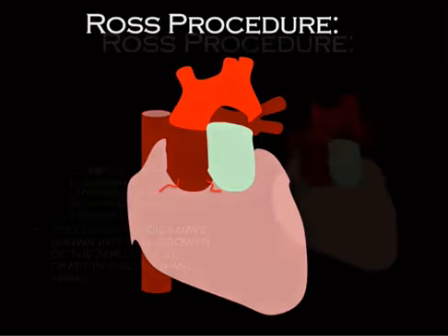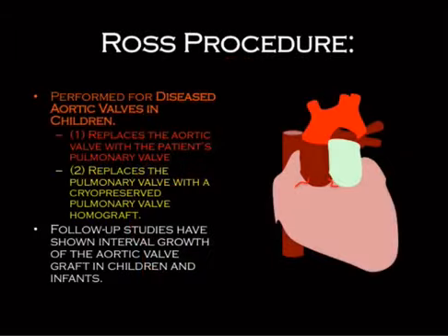So, summarizing, the aortic valve is removed, it's garbage. The patient's pulmonary valve is put where the aortic valve is, and the pulmonary valve is replaced with a homograft. And the benefit of this procedure is that you can grow up with it, and the valve grows.